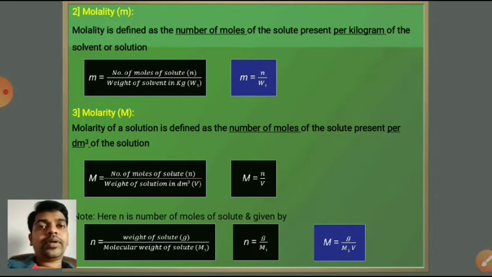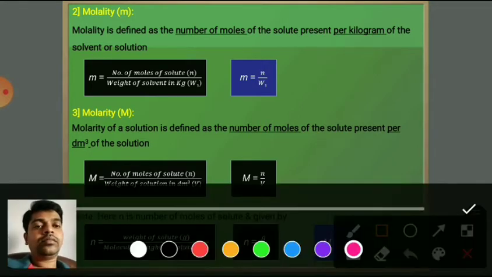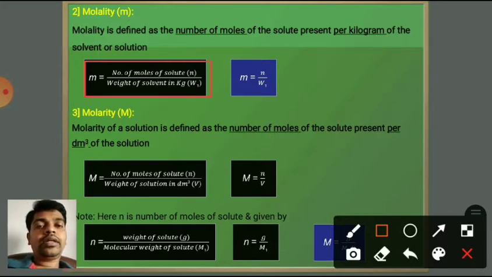So this is nothing but the number of moles of solute present per kg of a given solvent or the solution, and its formula is given by m equal to number of moles of solute, represented by n, divided by weight of solvent in kg, W1, or you can say m equal to n by W1. So this is the molality.